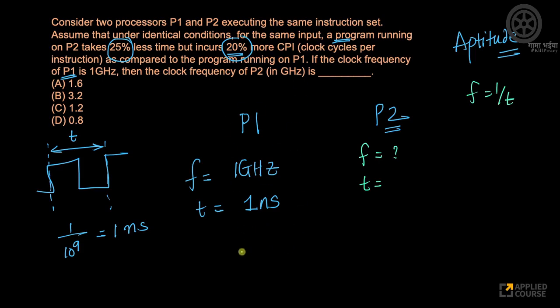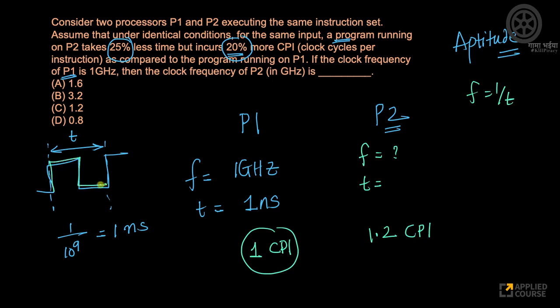Suppose for P1, I'm running one instruction per clock cycle. It says P2 incurs 20% more clock cycles per instruction. So let's assume P1 requires 1 clock cycle per instruction, finishing an instruction in 1 clock cycle.